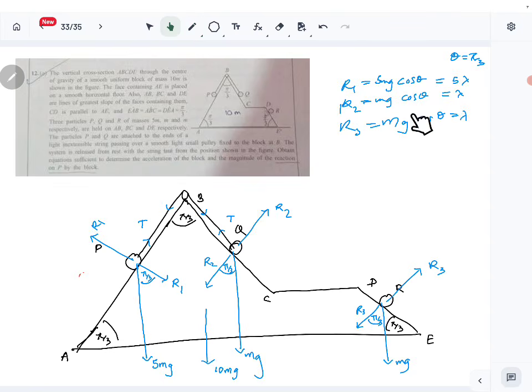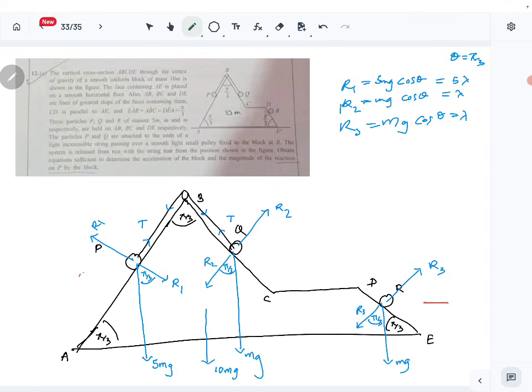Mg cos theta is for everything, I will put as lambda. So then R1 horizontal component is to this side, 5 lambda sine theta. These two are going to be in the other direction, so 2 lambda sine theta negative. So the horizontal component is to the right. So the block should move to the right.